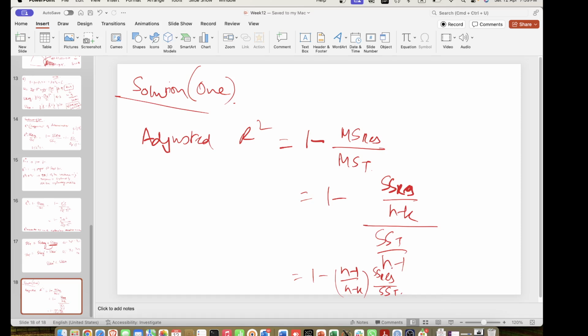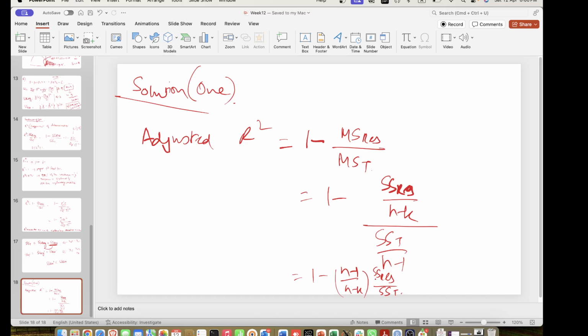So here, with the help of this factor n minus k, we are imposing some sort of a penalty. As k increases, n minus k is going to decrease, and in turn this quantity is going to increase, and that will lead to a lesser R square. So this factor n minus k is actually putting a penalty for making a model complicated.